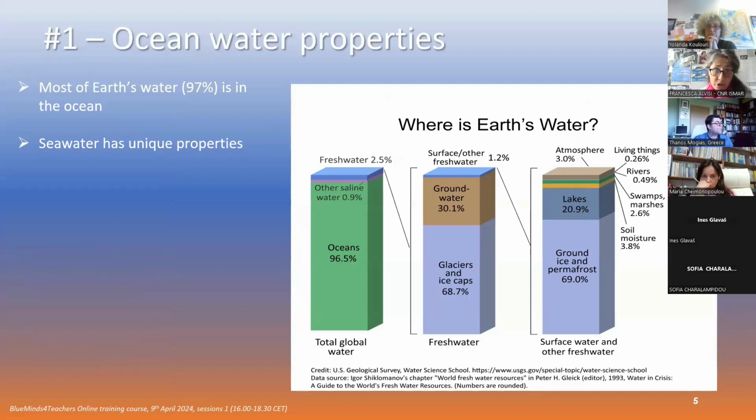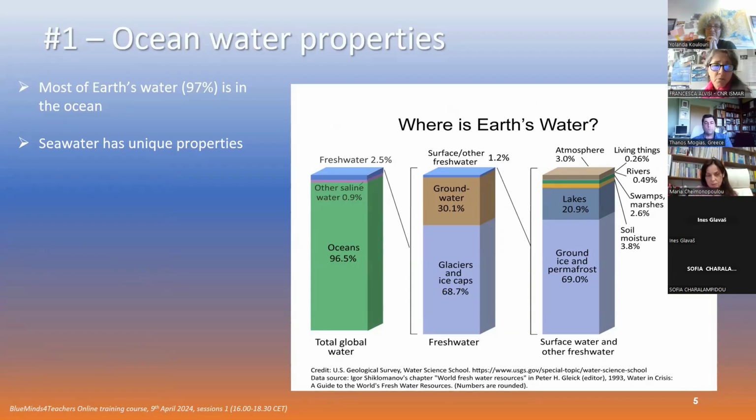Another important issue and concept contained in the first principle is about the water properties. So the water properties of the ocean are special and specific, but they are not so uniform, even if we usually give average values.